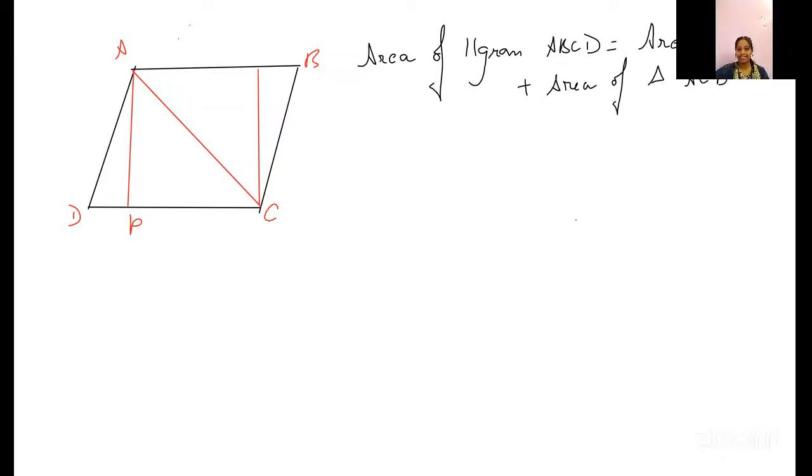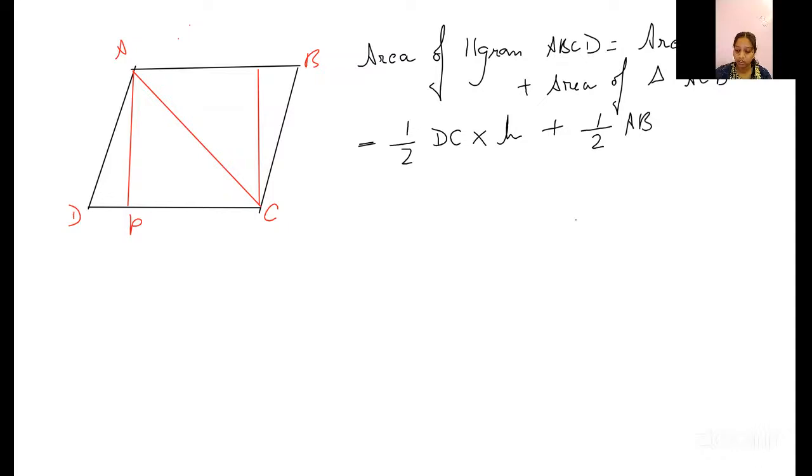What's the area of a triangle? Half base into height. So we can write that equals half. What is the base of triangle ADC? DC. Okay, half DC into height, which is AP, or you can just write H, plus half. What is the base of the other triangle?